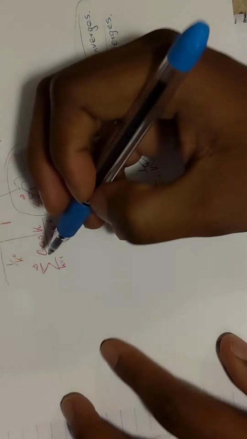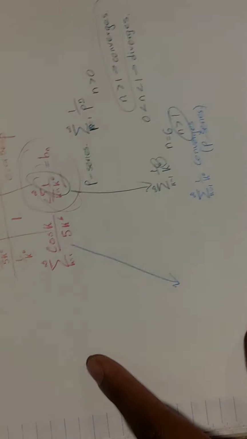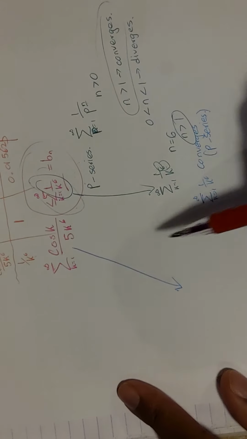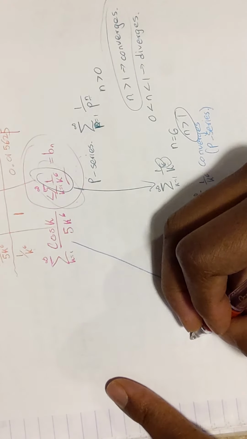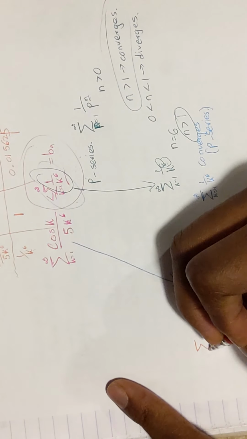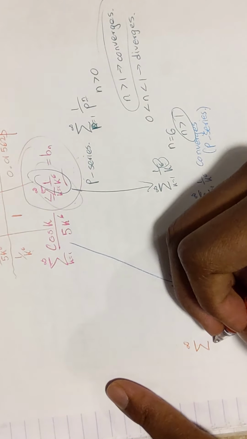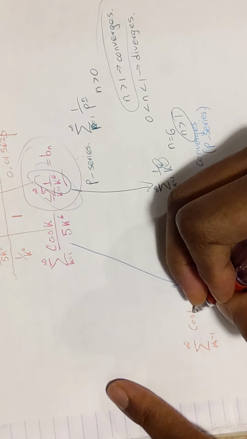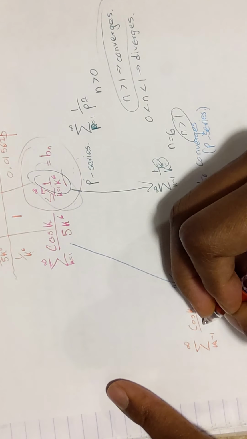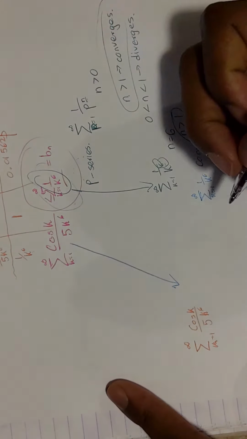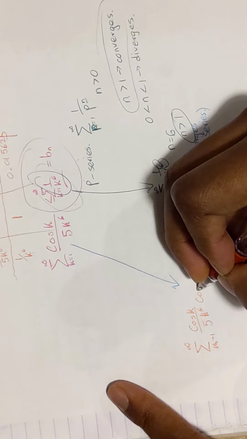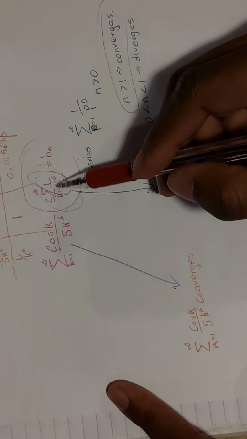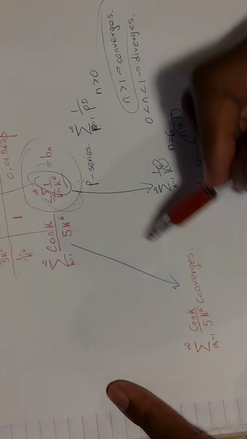So eventually, the sum from k equals 1 to infinity of cosine k over 5k to the 6th converges, because b sub n, or in this case 1 over k to the 6th, converges as well.